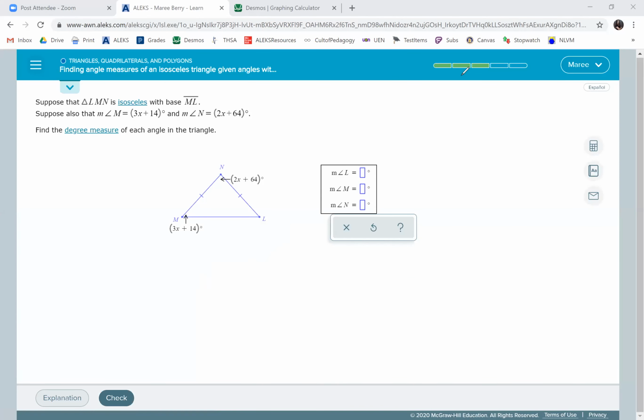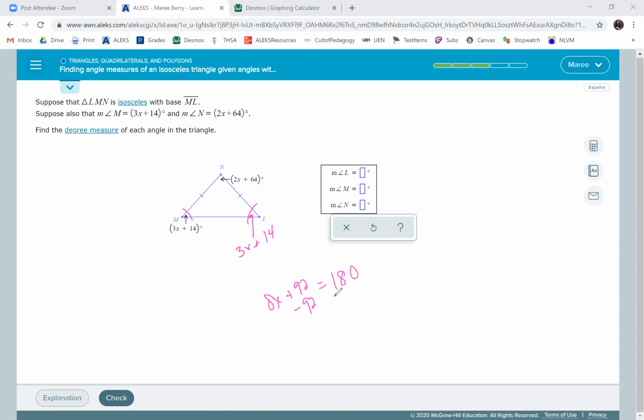Okay, so again, we're going to do like we did in the first one, because these two are congruent, I know this is going to be 3x plus 14. So I'm going to add them all to get 180. 3 plus 3 plus 2 is 8x. 14 plus 14 is 28, plus 64 is 92.